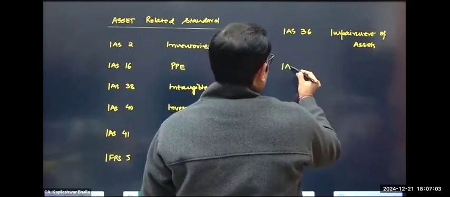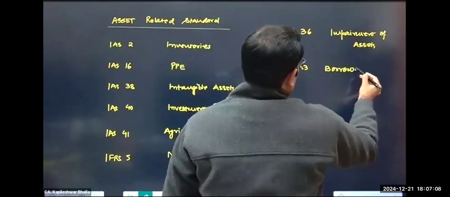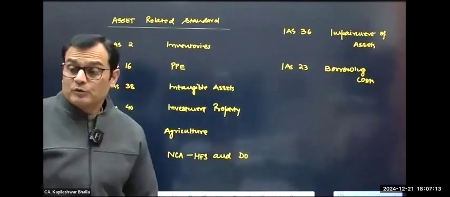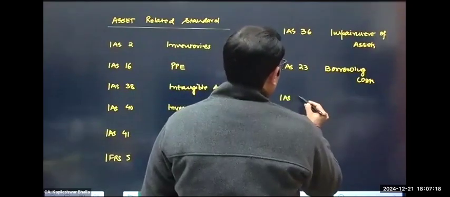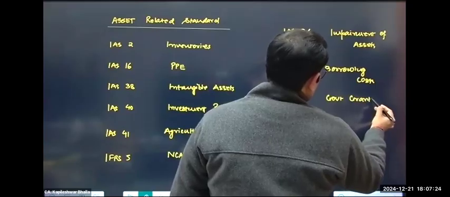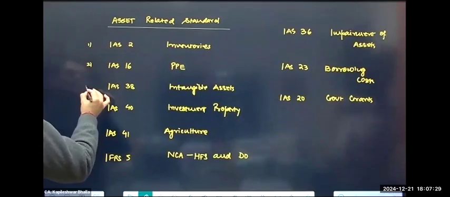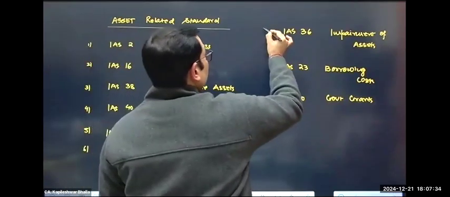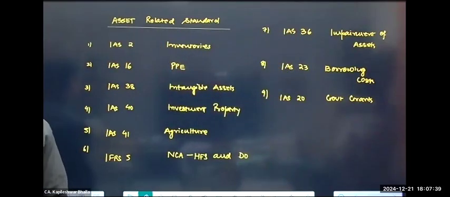There are a few related standards like IS 23, which is on borrowing cost. Now, these are not very pure asset related standards, but I would say more or less quite connected. So we're going to cover IS 23 and then IS 20, that in short is dealing with the concept of government grants. So if you just take the total number of standards, this is a total of 6 standards out here, and we've got another 3. So we've got a trail of 9 standards which are related to assets.